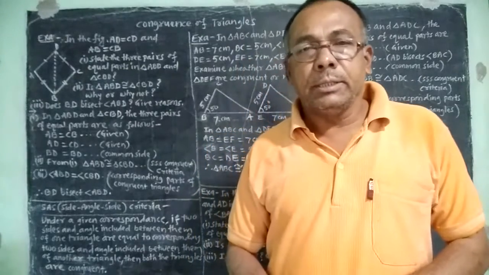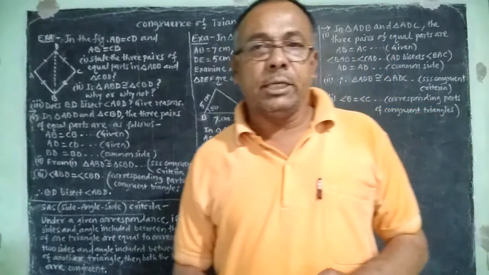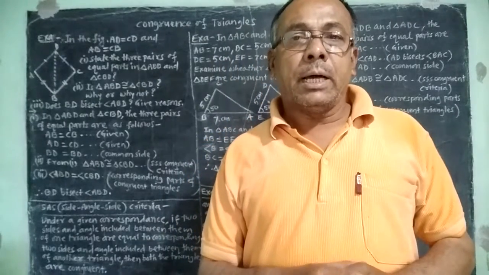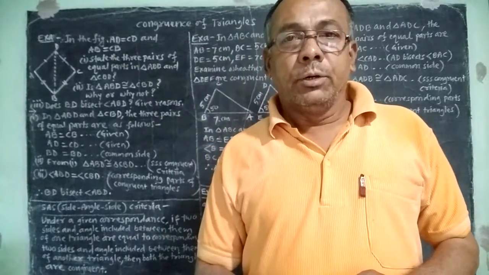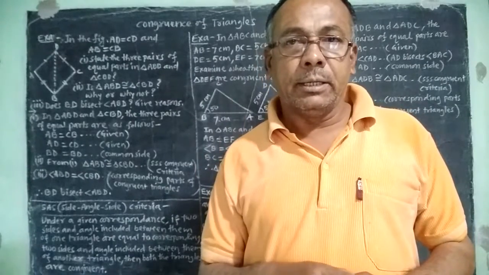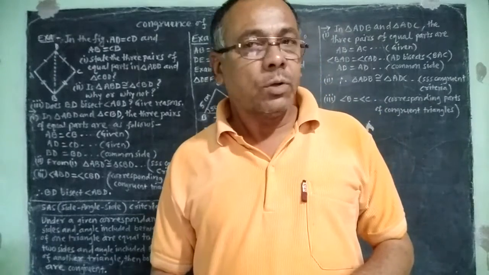Yesterday we saw the SSS criteria, that is, if three sides of one triangle are equal to the corresponding three sides of the other triangle, then both the triangles are congruent.